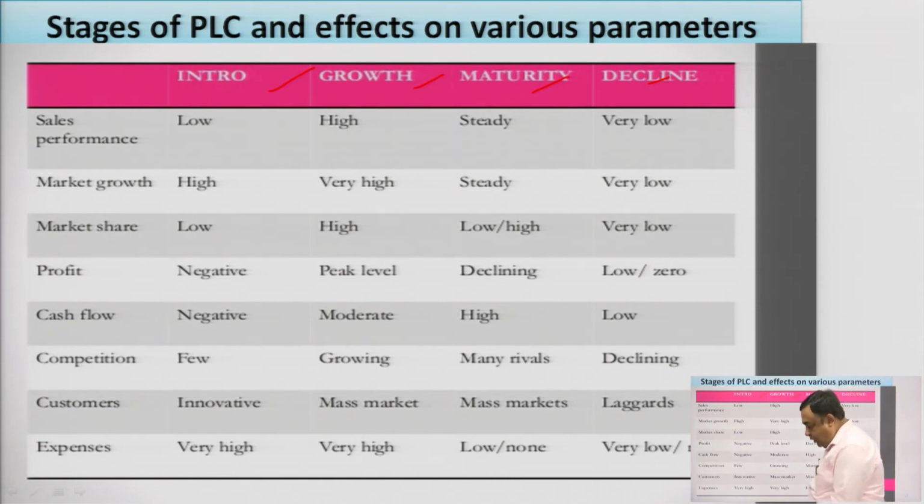As I have told you earlier, in the introduction phase the sales volume is low, sales volume is high in case of the growth phase. In case of maturity, the sales volume is more or less steady, and finally, in the decline phase the sales volume is low.